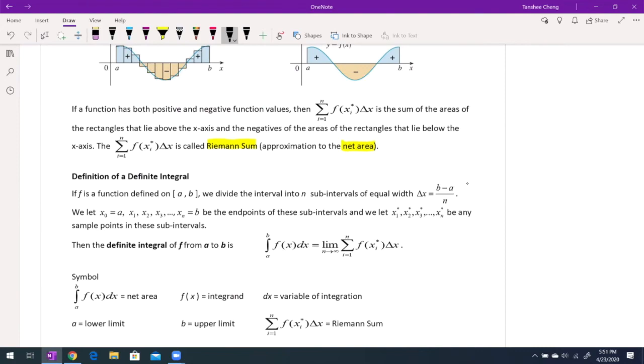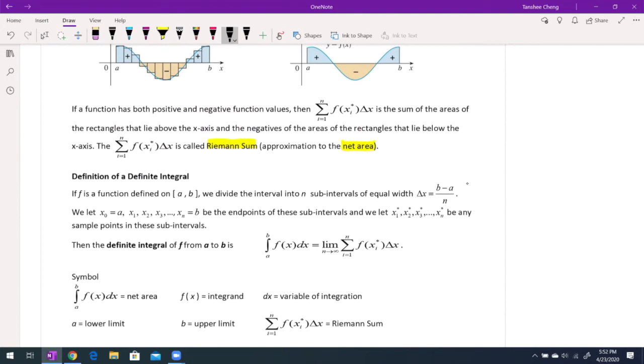Okay, so, definite integrals. If you look at this, we're given a function, and that function is in between a and b, and we divide it into n subintervals.